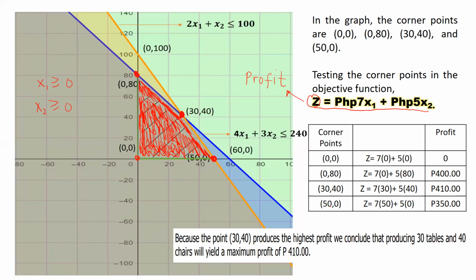And for (50, 0), Z equals 7 times 50 plus 5 times 0, which equals 350 pesos. Since the problem is maximization, and the largest profit is 410 pesos, we can say that (30, 40) is the optimal solution.